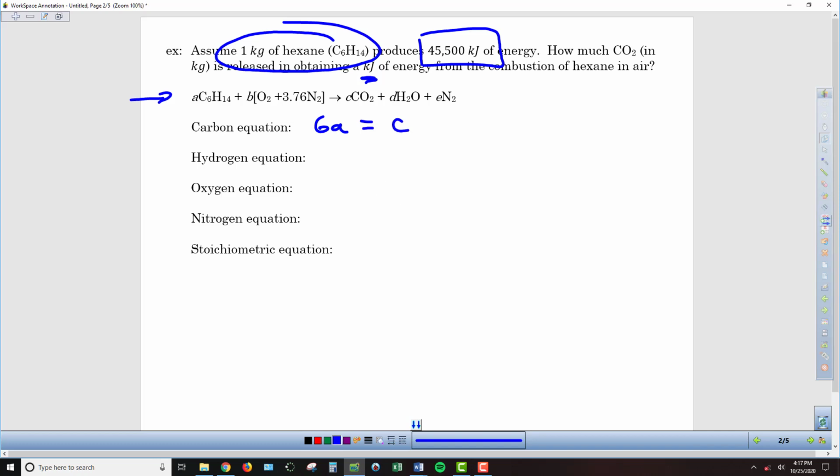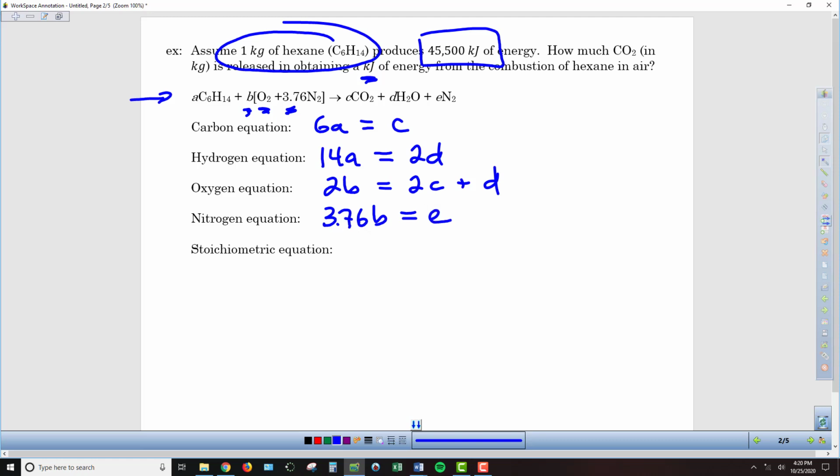For the hydrogen equation, we've got 14 times A. And then on the right-hand side, we've got 2 times D. For the oxygen, so it's O2 inside times the B out here, so we get 2B equals, now oxygen is present in both the carbon dioxide and the water, so it's going to be 2C plus D. And then for the nitrogen, since that's just the pass-through, we can just do 3.76 times B equals E.